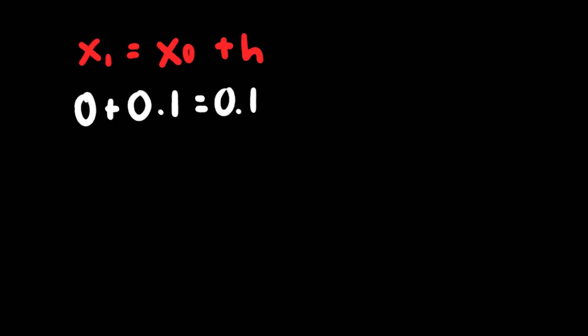During the iteration phase, what we did to solve the problem was as follows. To find x sub 1, we first needed to add x sub 0 to h. With the values, this equals 0 plus 0.1, which in turn is equal to 0.1.